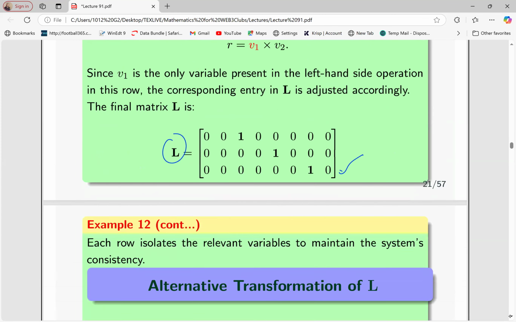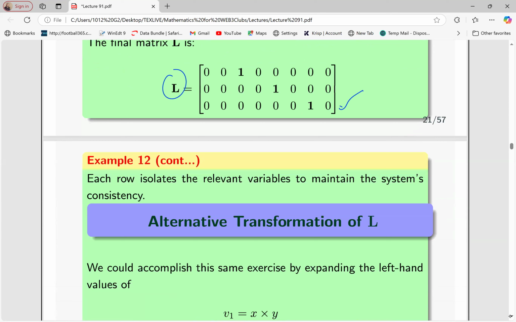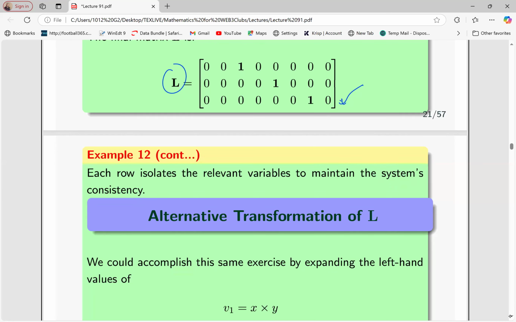And then, of course, I gave another alternative way, which is what I was explaining, of how to arrive at this, and it's easier.